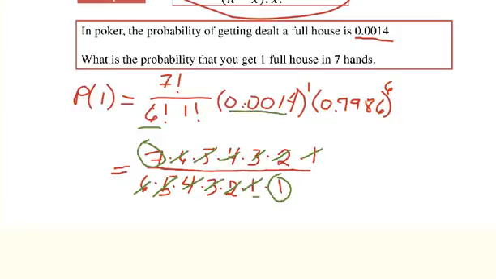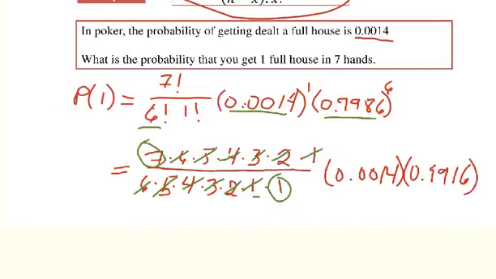Now, plugging the rest of our decimals, or our probabilities, into our calculator, we'll get 0.0014 times, now 0.9986 to the 6th power is 0.9916.